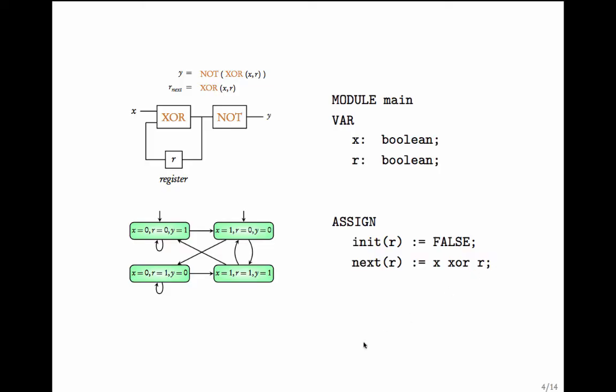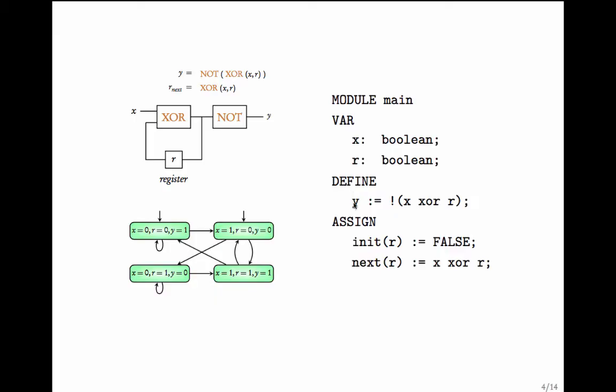We cannot say next of Y is not of XOR of X, R because once the value of X and R are given, the value of Y is determined by the current values of X and R. To model such things, there is a keyword define.